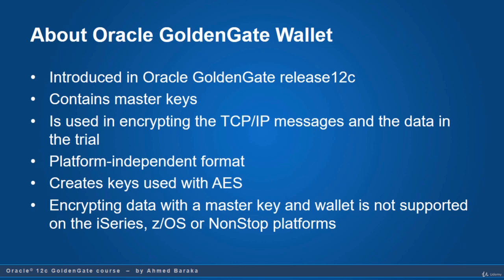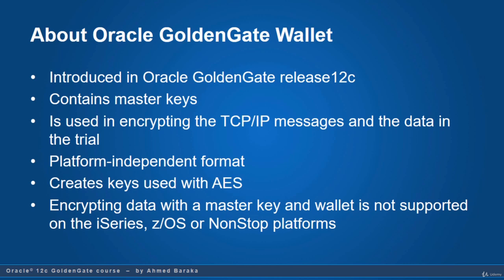Those keys can be used for encryption. An Oracle GoldenGate wallet can be used to encrypt the TCP/IP messages and the data in the trail files. There is a special kind of Oracle GoldenGate wallet that can be used to encrypt database credential logins. I will talk about it later in this lecture.